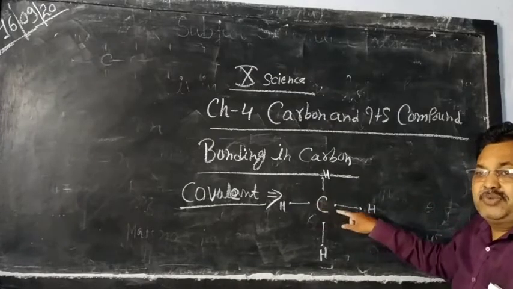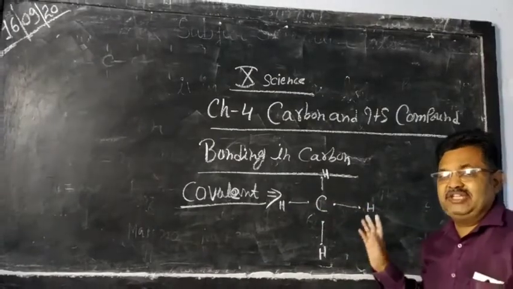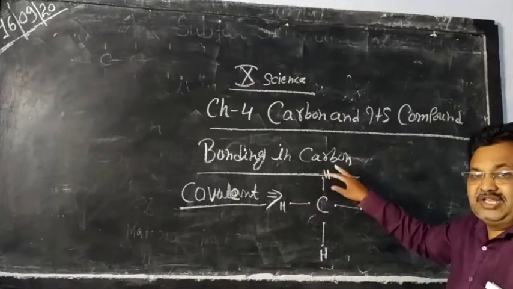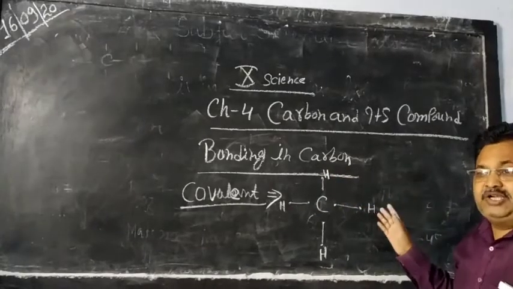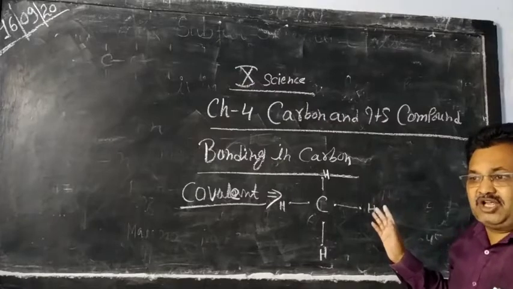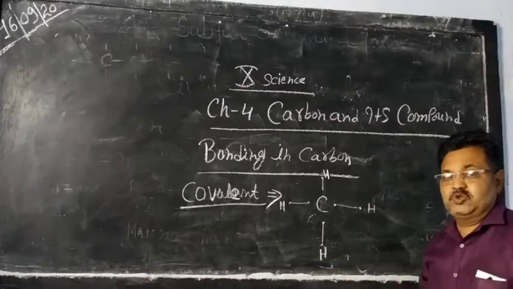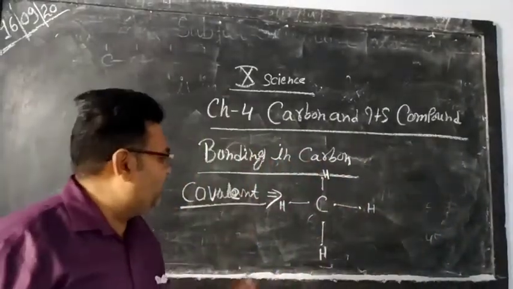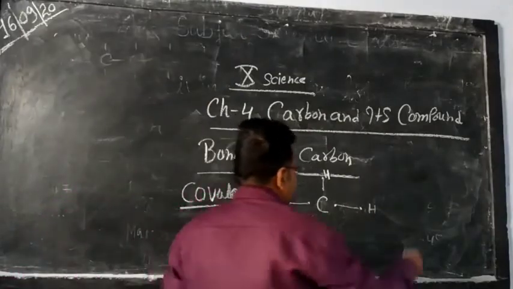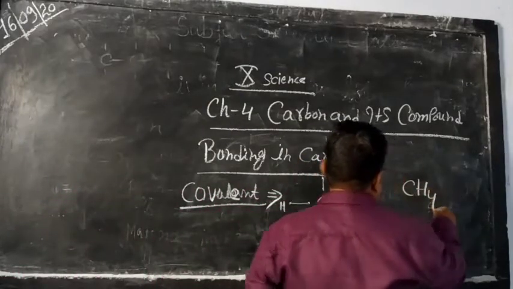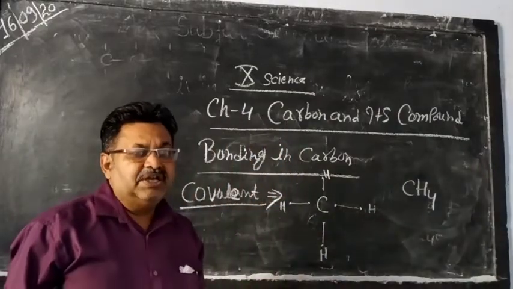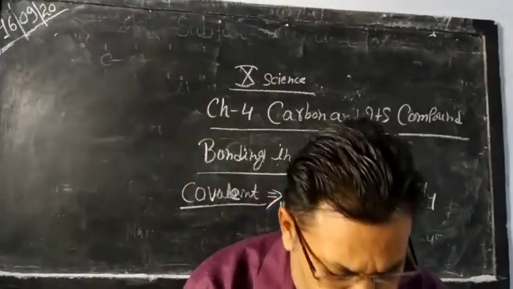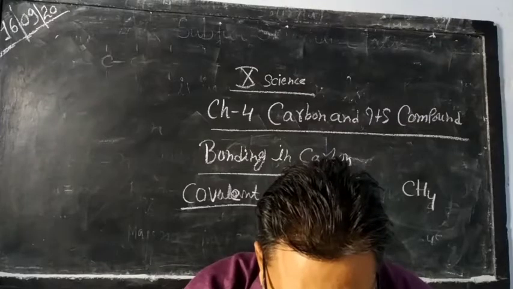These 4 electrons present in its outermost shell combine with the 4 other electrons of another atom to form a bond by the equal sharing of electrons. So such type of bond is known as covalent bond, and the compound formed due to this bond is known as covalent compound. Example, methane. This is the example of methane, CH4. It is the simplest organic compound. So the bonding in carbon is covalent bonding.